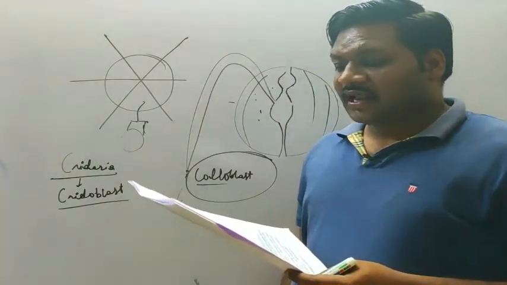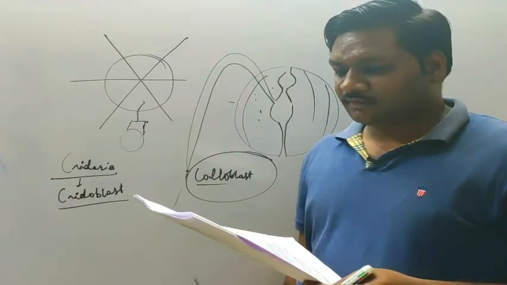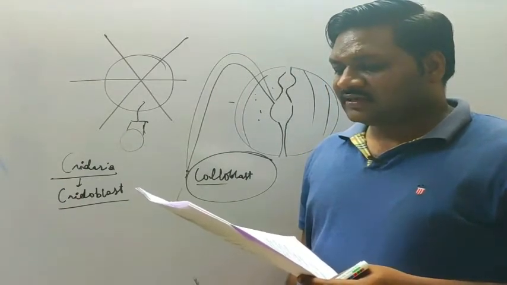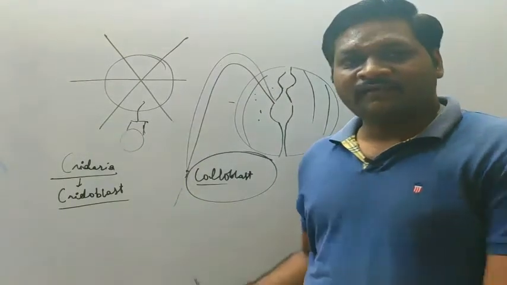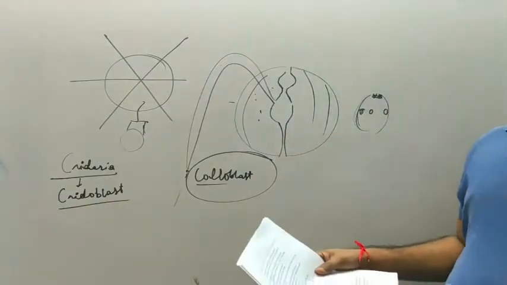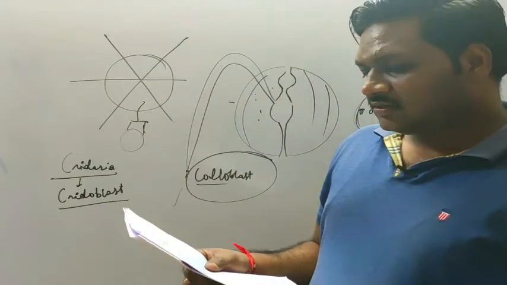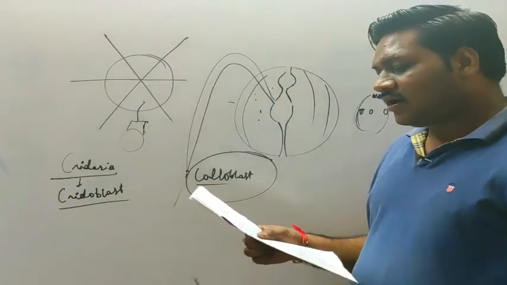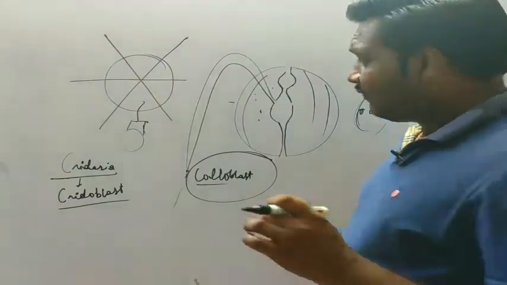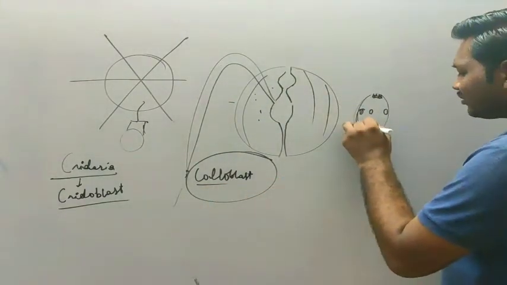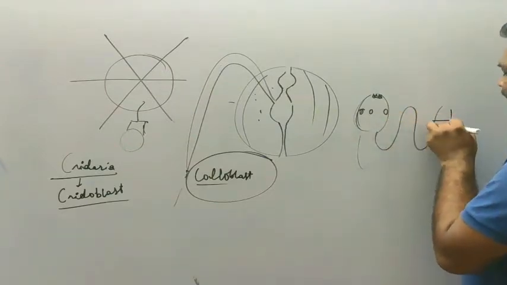The next, transfer of Taenia to secondary host occurs through onchospheres. These are the structures which are responsible for transferring the Taenia from one host to another host, that is from primary host to secondary host. The next, cysticercus larva of Taenia develops in. We have also discussed the body of this Taenia solium, right?